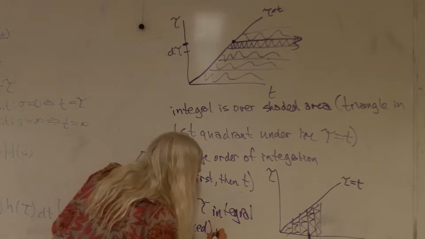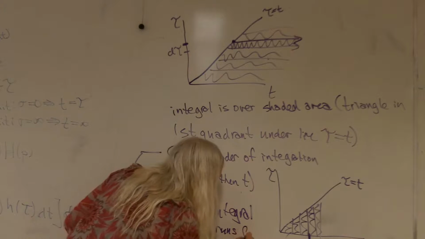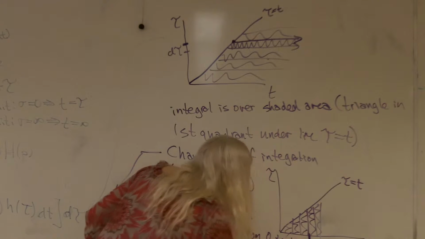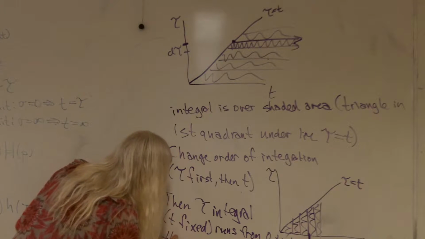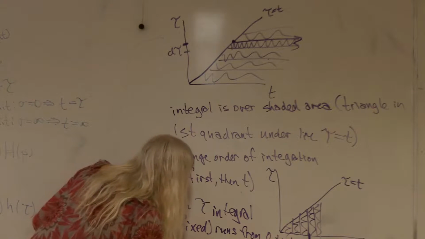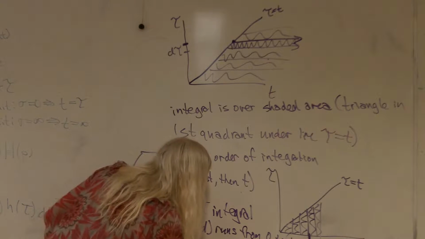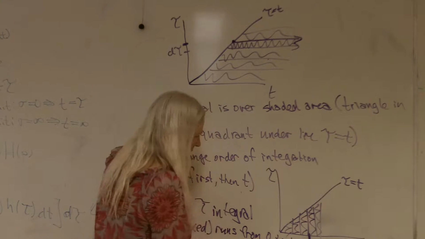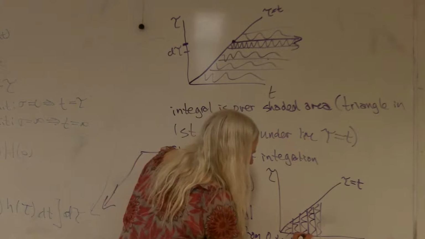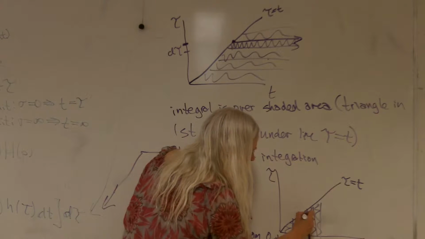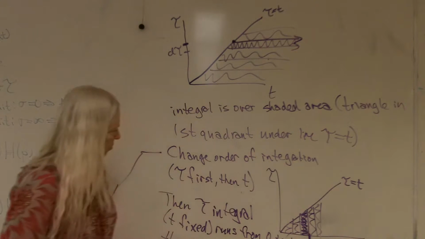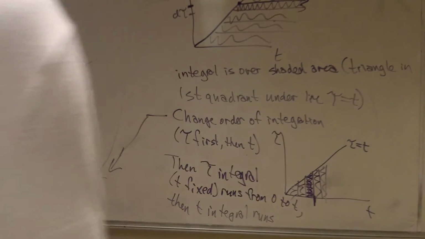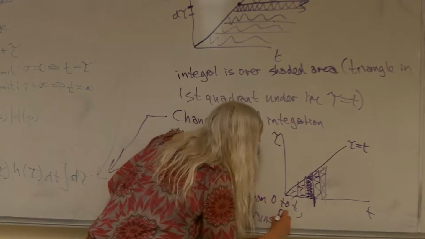So the tau integral will run from 0 to t, and then the t integral. Okay, we're letting the tau integral go from 0 to t. We've done one of these little columns right there, and then to combine with the rest of the columns, t has to run from 0 to infinity.